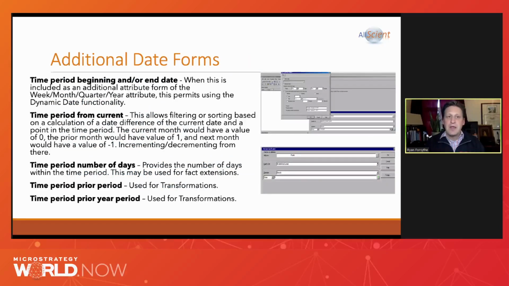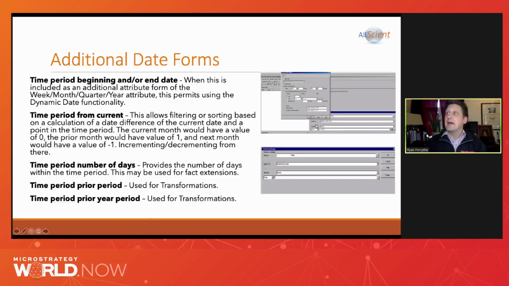And probably one other tip that I want to share is to leverage some additional date forms, especially when you're talking about your month, quarter, year, dates or time periods in the hierarchy. Add on the time period begin and/or end date.